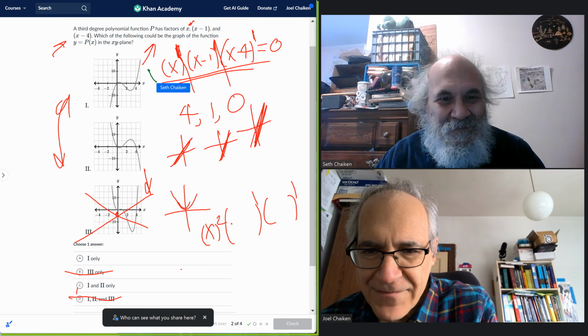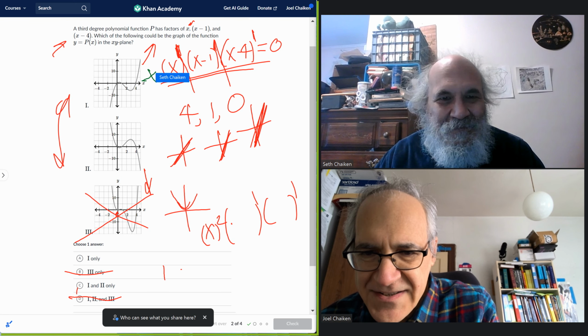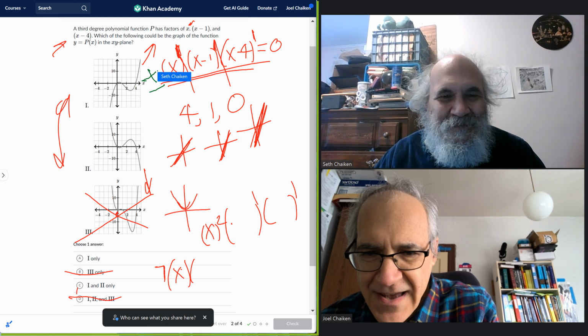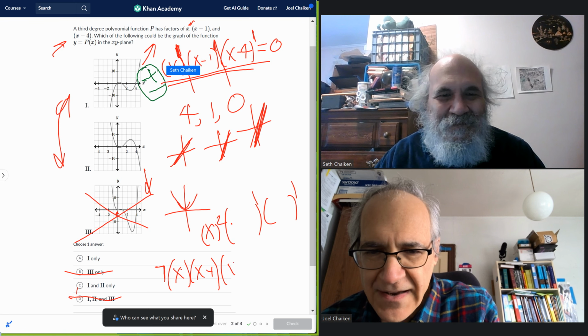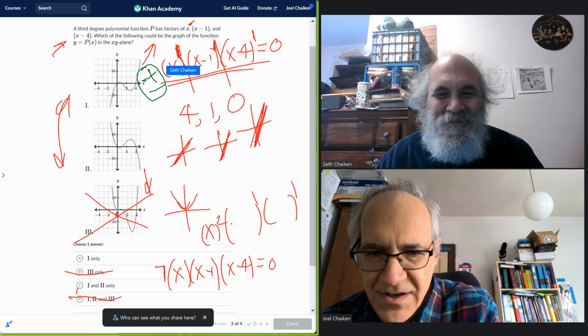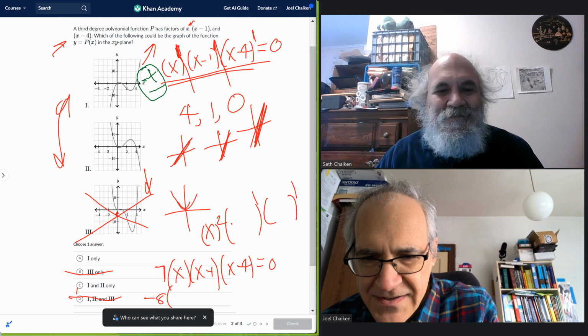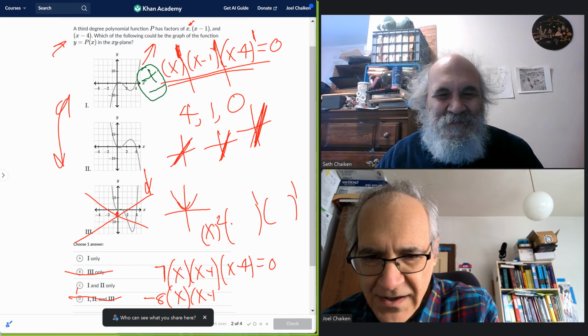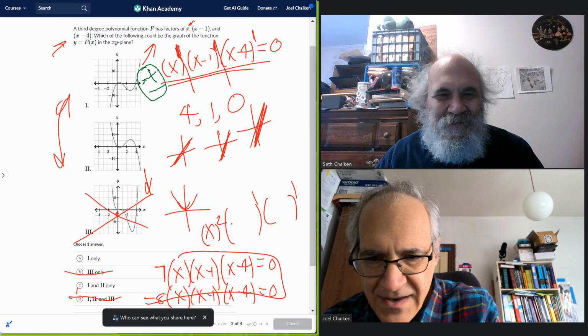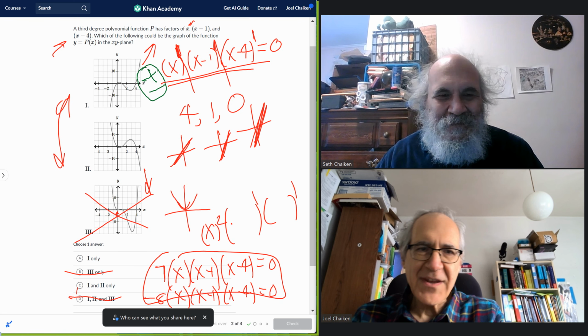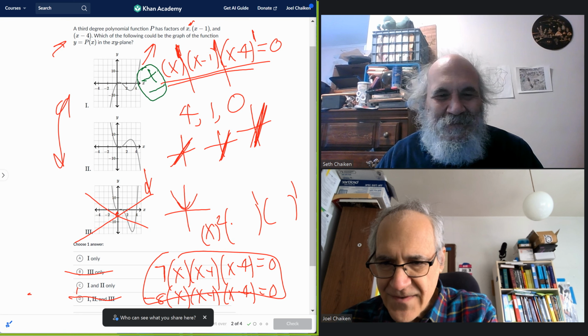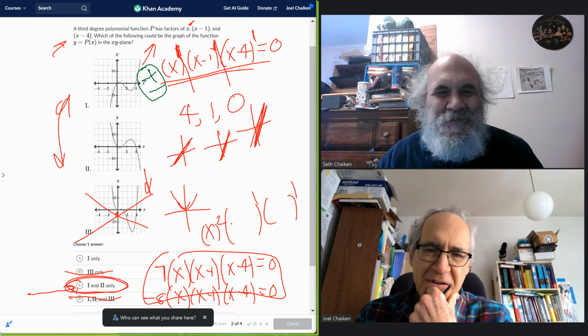So you could have plus 7x(x minus 1)(x minus 4) equal to 0, or you could have negative 8x(x minus 1)(x minus 4) equal to 0. They both have the same roots, and they each have their own end behavior. So the answer, in fact, is this one. It is this one.